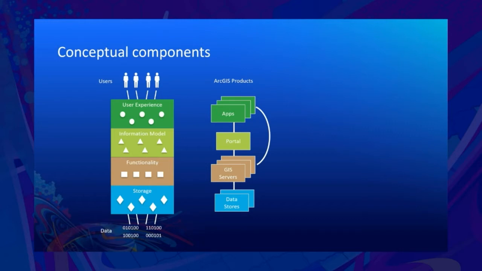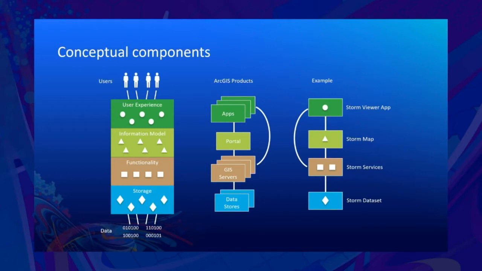And then the apps at the end of the day. In this particular presentation, we'll focus mostly on the apps that you may be building as developers and the underlying GIS services that power those apps. We'll touch a bit on the portal as well, but not too much on the data store side.